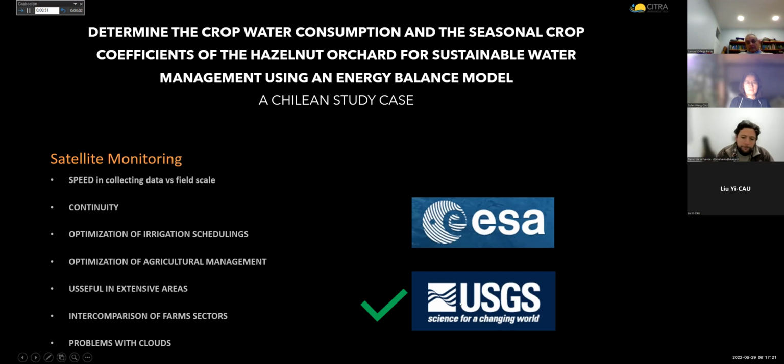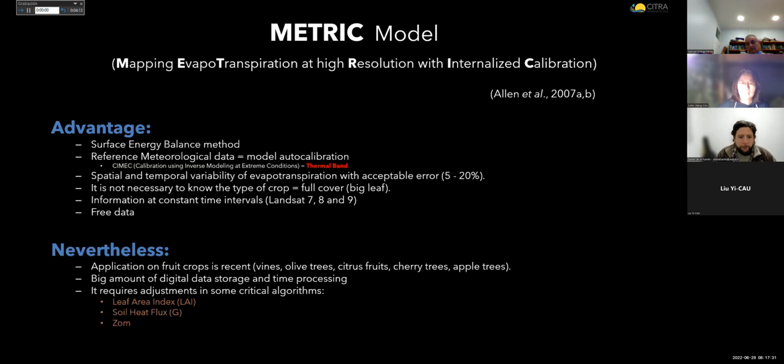We have a lot of research using the USGS source, with Landsat satellites, because they have a thermal band. The literature and different research show that the METRIC model is one of the best performing models to map evapotranspiration at different resolutions.